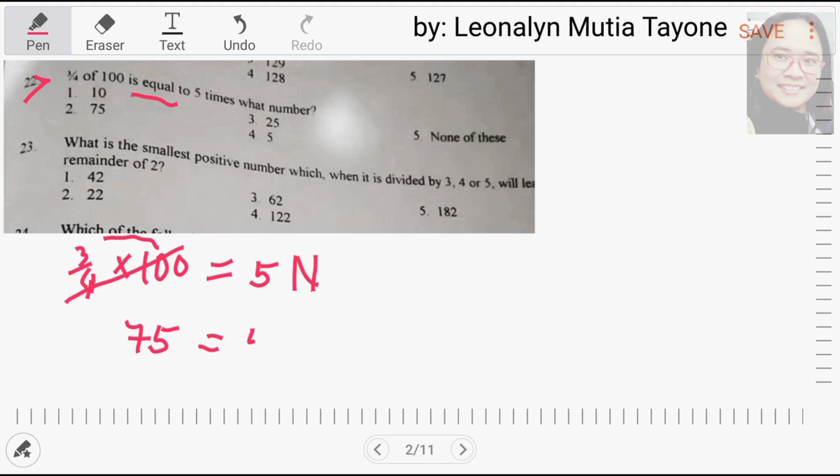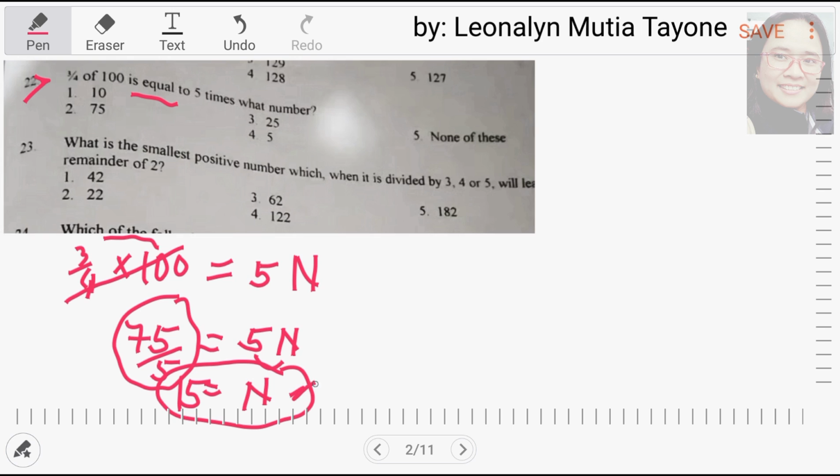Bring down mo tong 5n. Para ma-isolate mo si n dyan, since pang-multiply si 5 dito, pang-divide siya sa 75. 75 divided by 5, and that is 15. So, ang equivalent ni n ay 15. Wala siya sa choices, kaya ang sagot dito ay none of these.